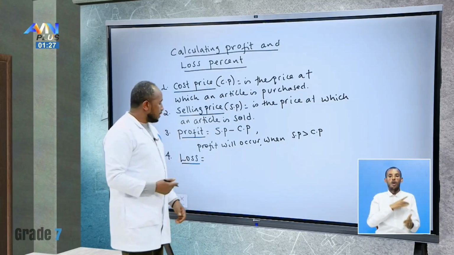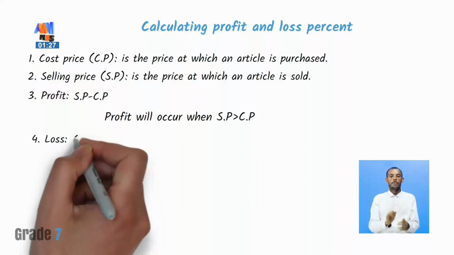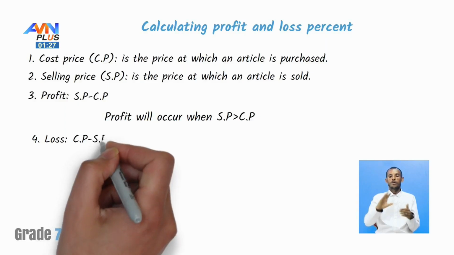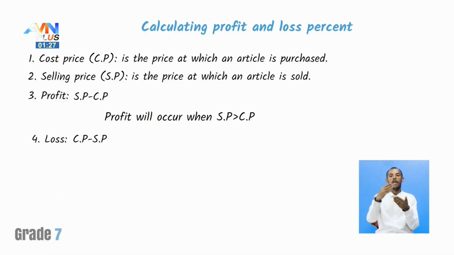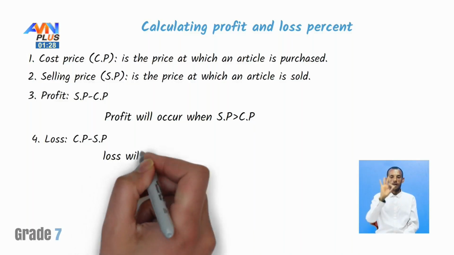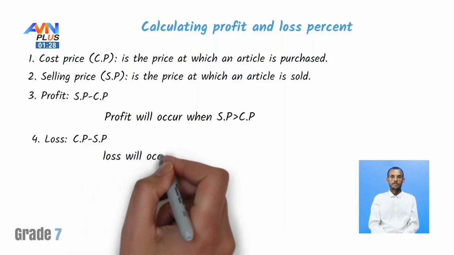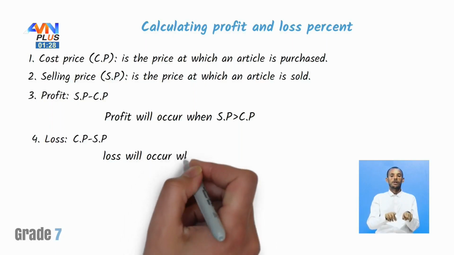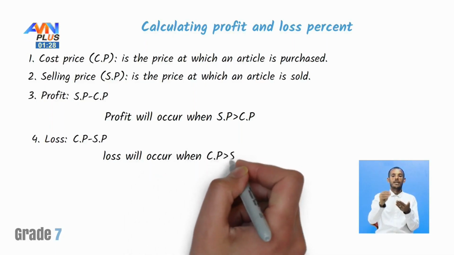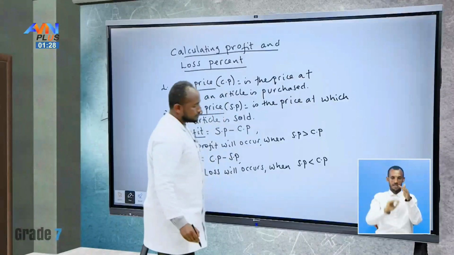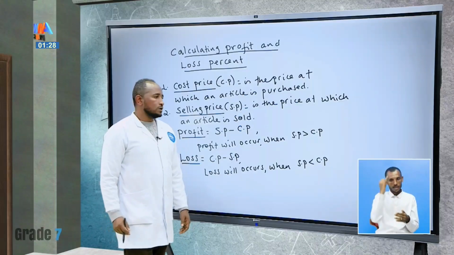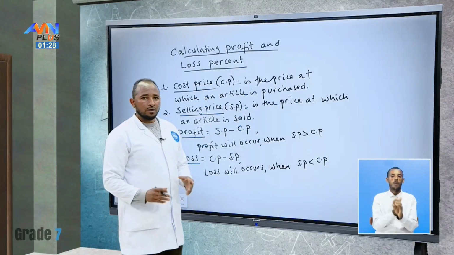And the loss is given by this equation, cost price minus selling price. So loss occurs when the selling price is less than the cost price. So these are some of the terms that we use to calculate profit and loss percent.